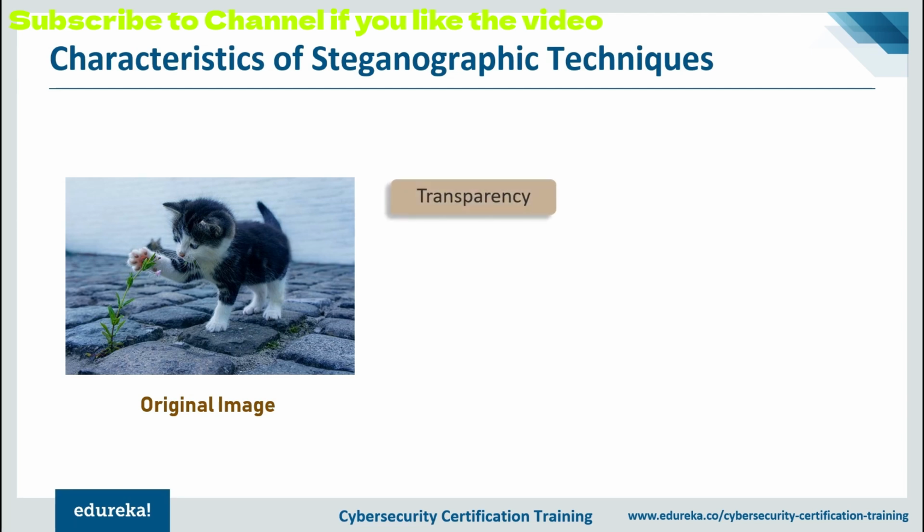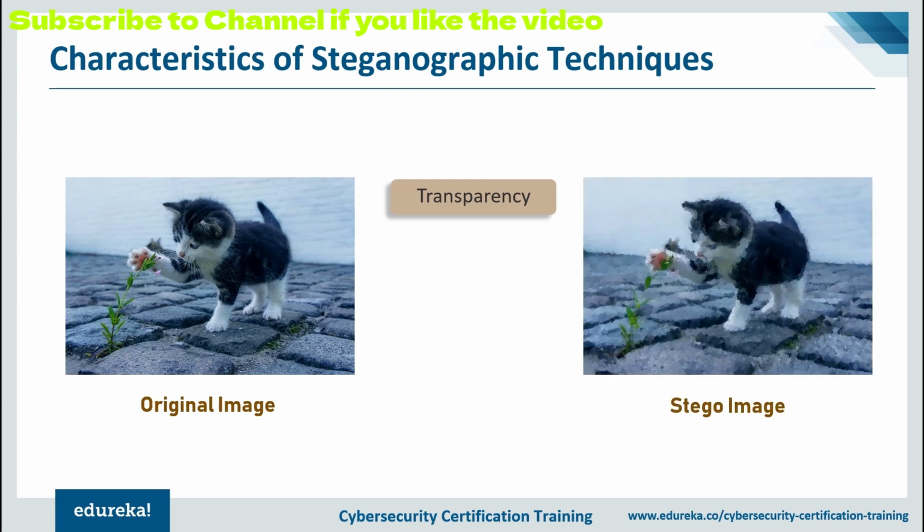It's an important feature. Each cover media, be it image, audio or video, has a certain information hiding capacity. If more information is hidden inside the cover, it will result in degradation of the cover media. As you can see, the stego image, our final image after hiding data inside our cover image, is not exactly similar to our original image, right? So there's some sort of distortion.